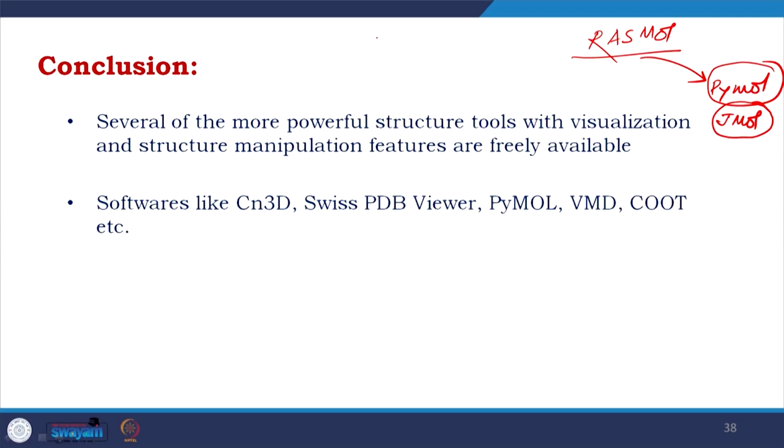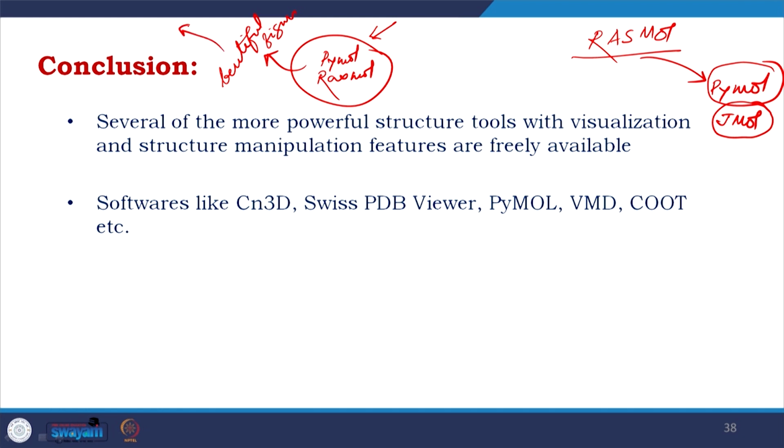they have two definite categories. One category where PyMol, Rasmol and others are there are molecular viewers. They are producing beautiful pictures, beautiful figures. So, we call them molecular viewers.